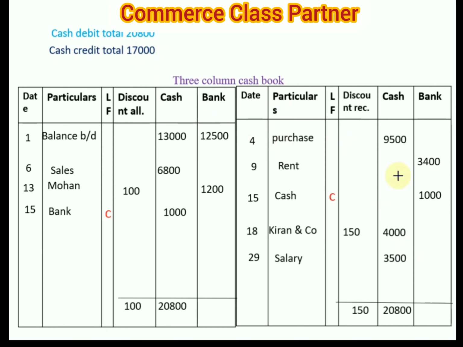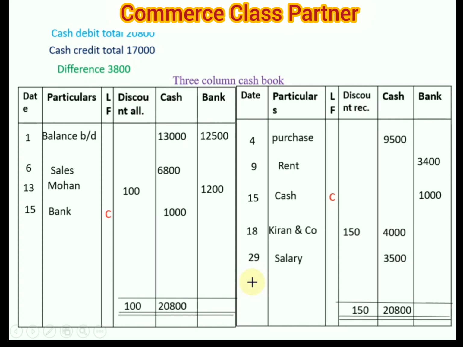Now we have to find out the difference between the debit total and credit total. The difference is 3,800. 20,800 minus 17,000 is 3,800. This is the balance of the cash account column. This balance should be entered on the smaller side. This is entered on the credit side.